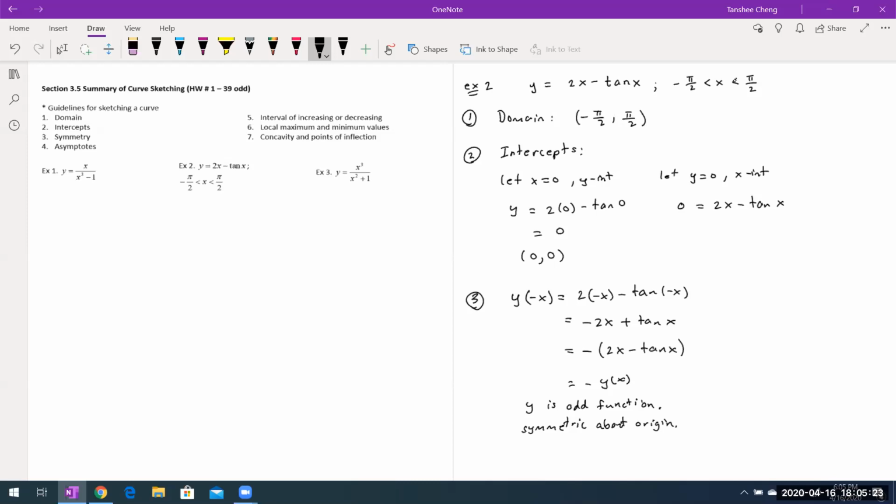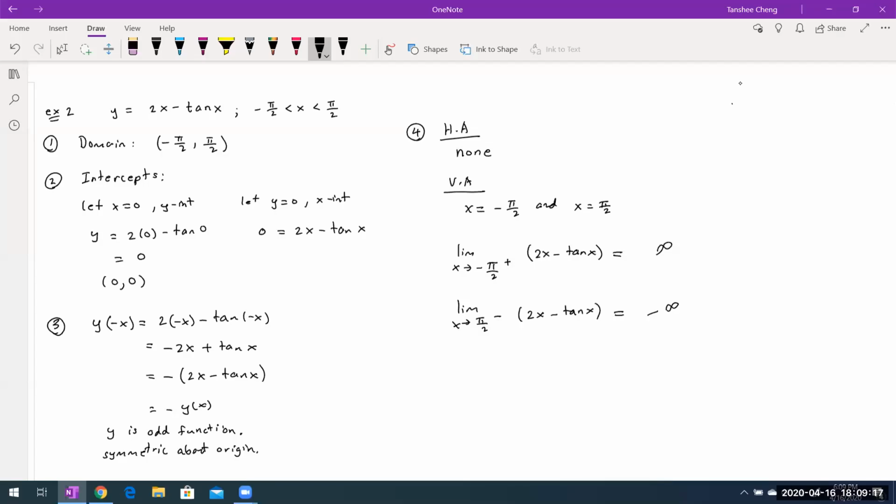Those are our vertical asymptotes. So within this interval, this function doesn't have a horizontal asymptote. There's none. But we do have vertical asymptotes when x is equal to negative pi over 2 and pi over 2. So what we need to check is the behavior around these vertical asymptotes.